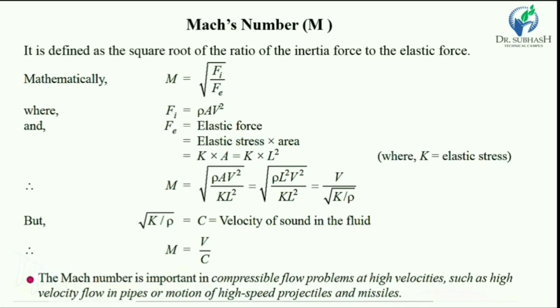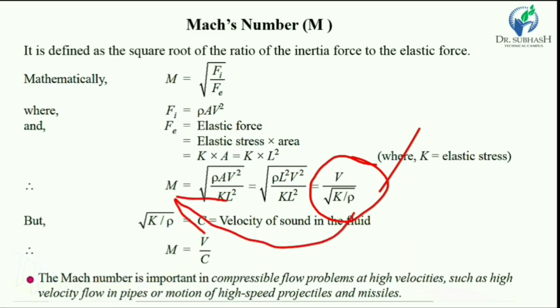In the square root, the inertia force is rho A V square, and the elastic force is K into L square. Now area is also L square, so L square and L square cancel in numerator and denominator. So the remaining entity is written as shown in slide, and this is the final equation for the Mach number.